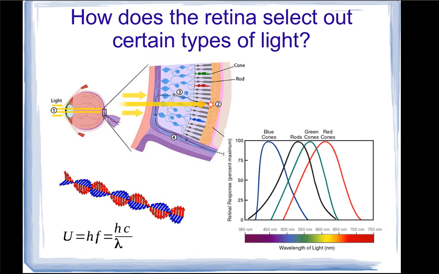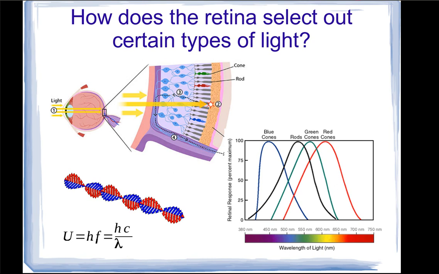So each cone is designed to only respond to certain energy amounts, and different types of light can only exchange certain energy amounts. For example, blue light has an indivisible energy greater than red, which has a longer wavelength and a lower value for U. And so if blue light hits a red cone, the blue light is, in a sense, trying to exchange too much energy, and the red cones are incapable of accepting the larger amount of energy.